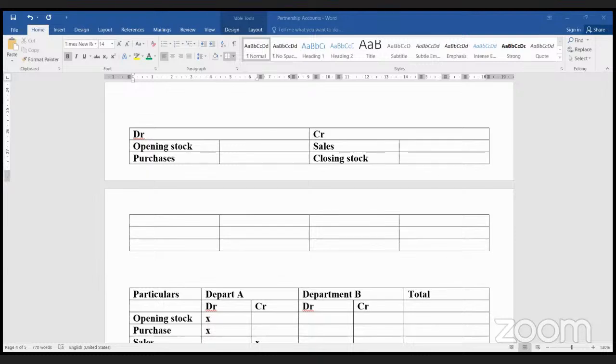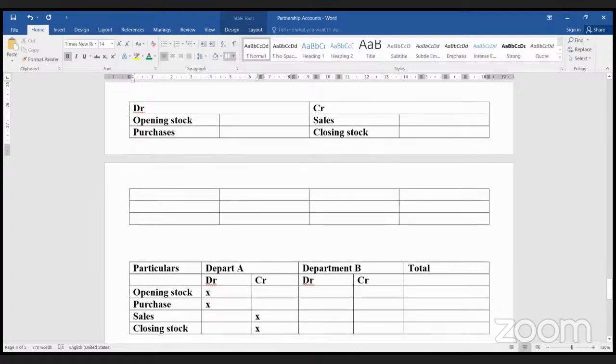Right. Shall we work out one problem, or you'll do it on your own? Shall we move on to the next one? I think this is the last class. We have one more class.